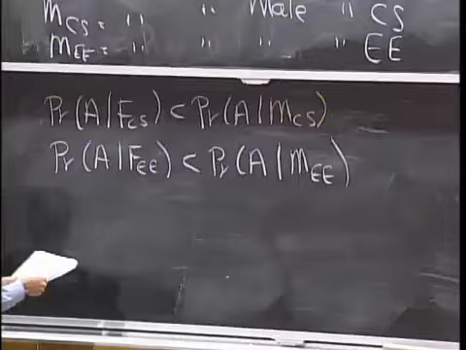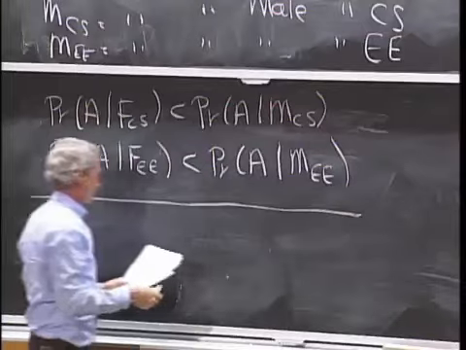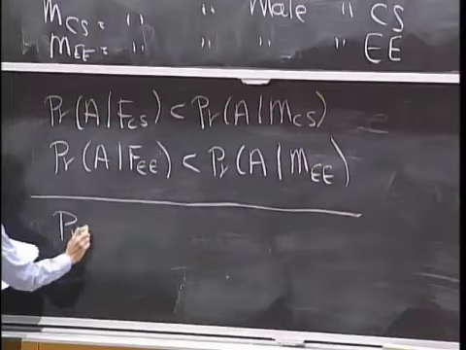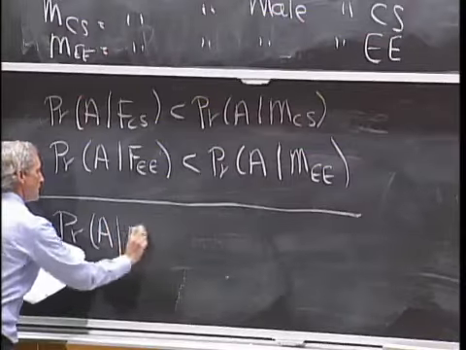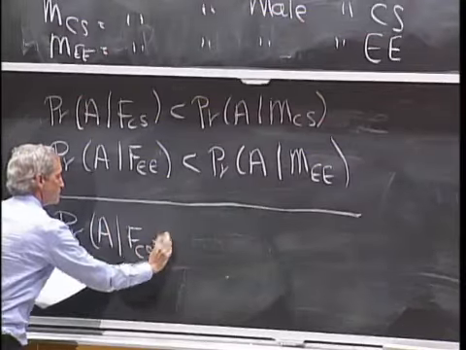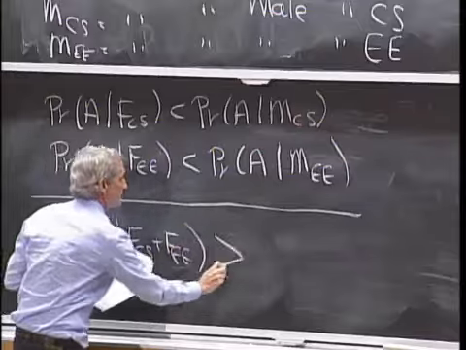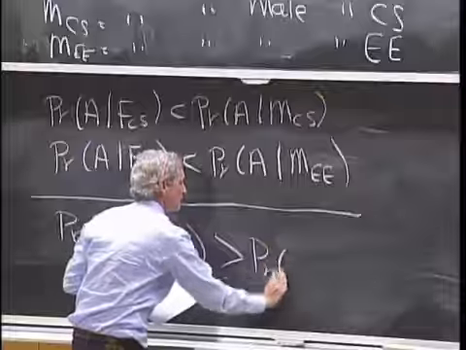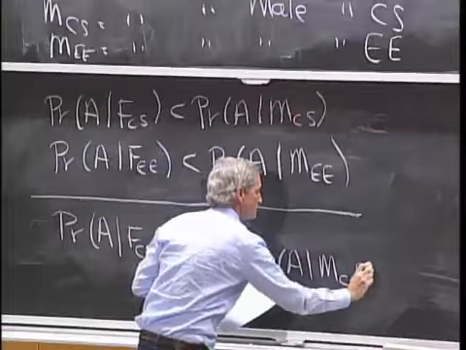Okay. Now, Berkeley is saying sort of the reverse. The probability that you're admitted, given that you're a female in either department, is bigger than the probability of being admitted if you're a male in either department.